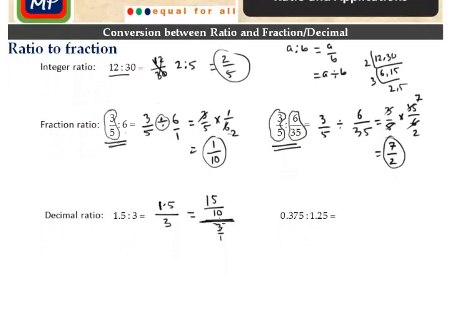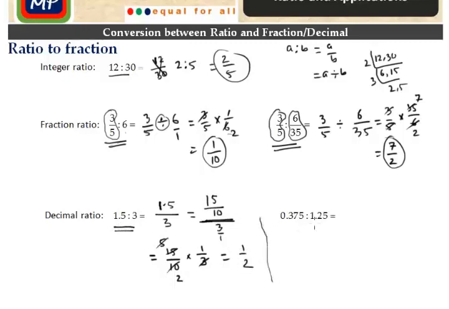If we convert this division into multiplication, then we will get 15 division 10 times 1 division 3. So 1 will go up and 3 will come down. So 3 and 15 will give 5, and then 5 and 10 will give 2. So it will be 1, there is nothing above, there is only 1 division 2. So the equivalent fraction for this decimal ratio is 1 division 2, that is half.